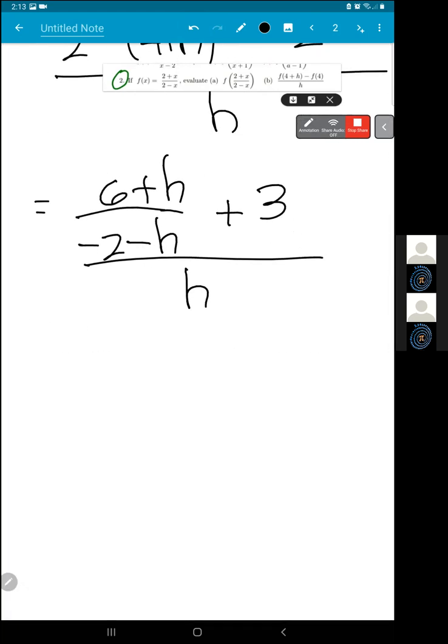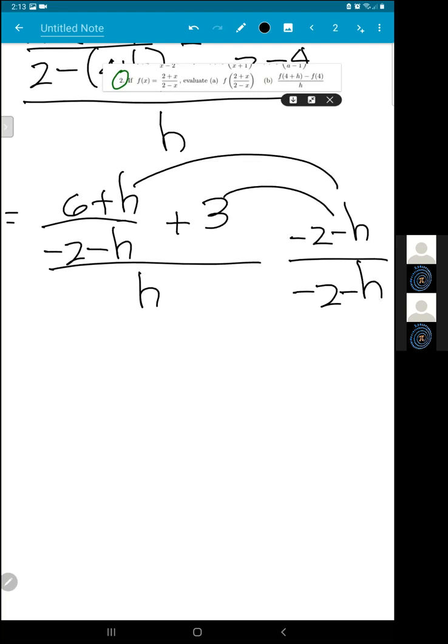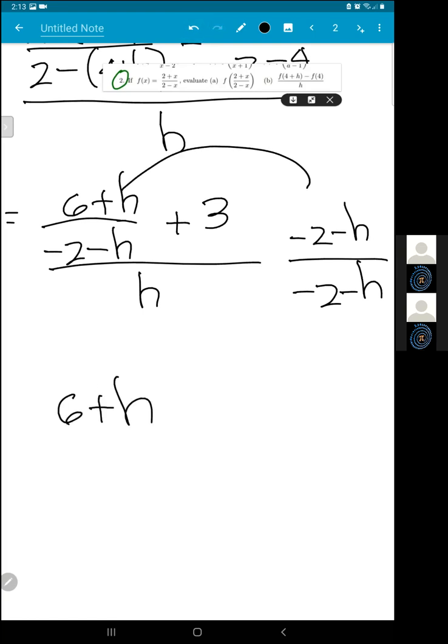Then continuing, we multiply by the LCD again. Distribute. Okay, we do it. Distribute that to this one. Negative 2 minus h cancels out. And then this one here.